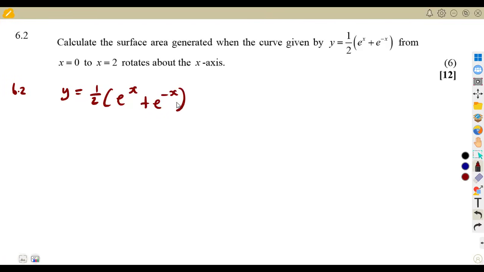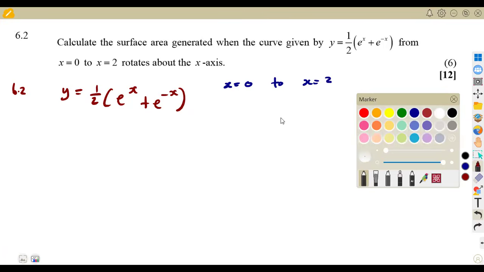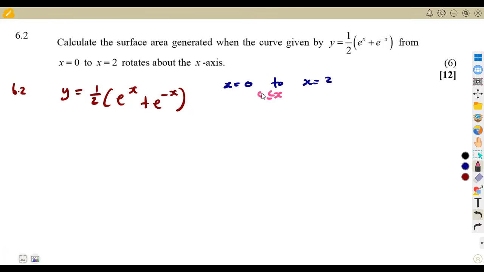What is important is to note where these values are being taken from and to. Our x values are from x is equal to 0 to x is equal to 2, which could have been written as x greater than or equal to 0 but less than or equal to 2.